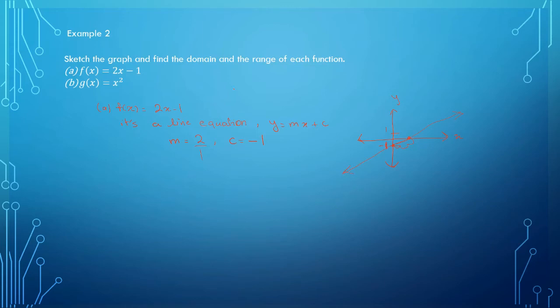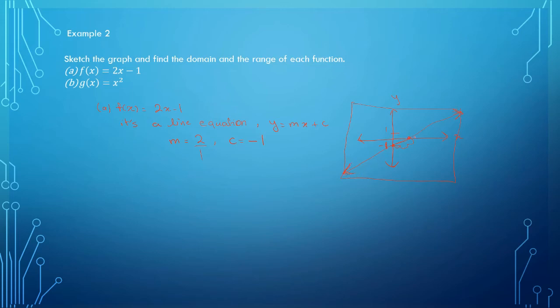now we want to find the domain and the range. As I said, we draw a rectangle that surrounds our graph. When we draw the rectangle like this, we can find that this line grows up to infinity in both directions, the directions of the arrows that we can see here.